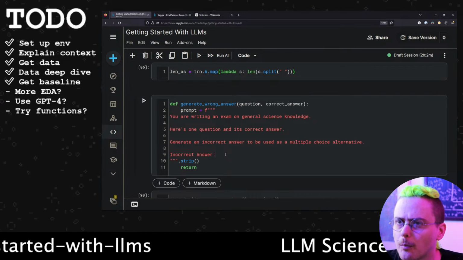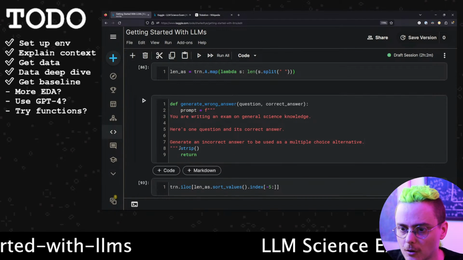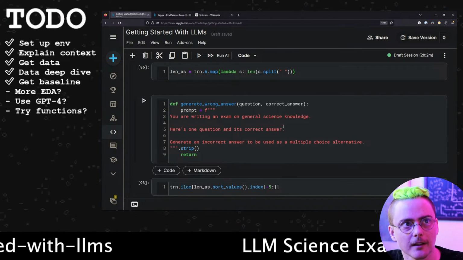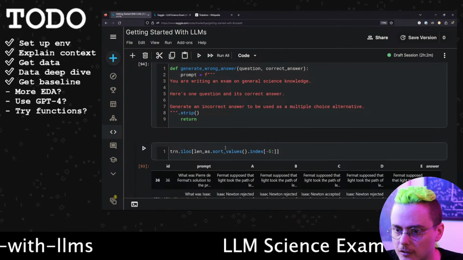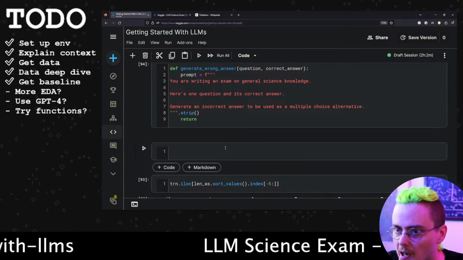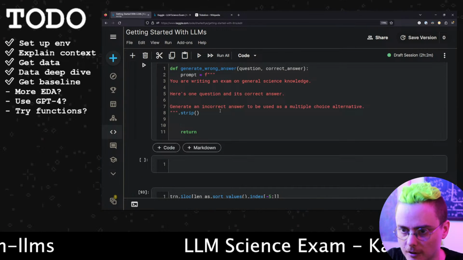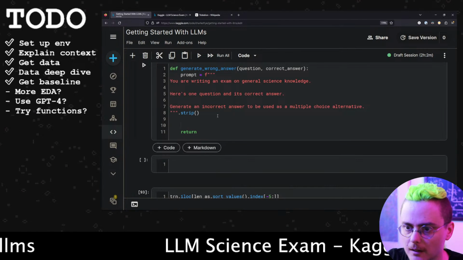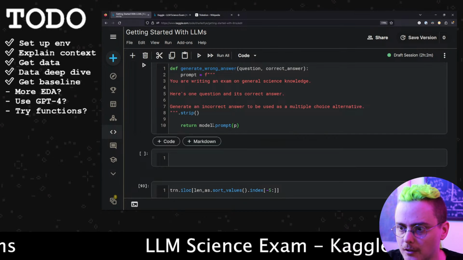Actually, we're prompting a conversational model here, GPT 3.5 Turbo, so we don't need any of those prompt engineering tricks where you start answering for the model. So let's generate a wrong answer this way. What do we need to do to finish off this function? We have a prompt. We would want to say model.prompt.